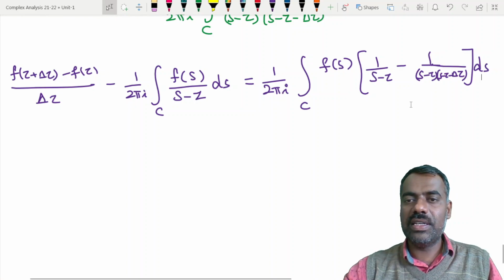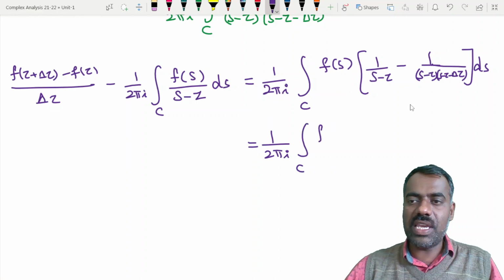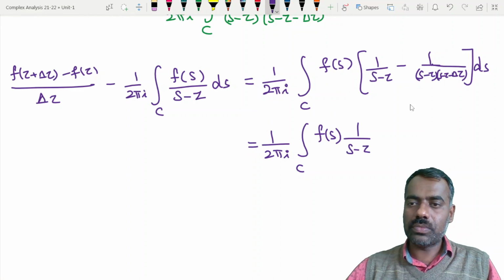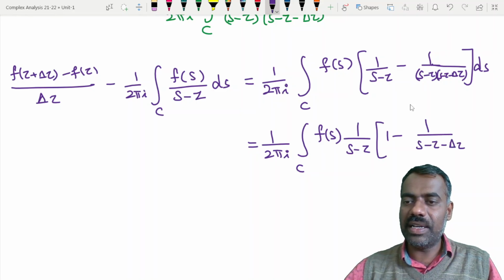Now, by this, what we'll have here is nothing but 1 by 2 pi i, integration over C of f of s. If you take 1 by s minus z common, then what we have here is 1 minus 1 by s minus z minus delta z, into ds.